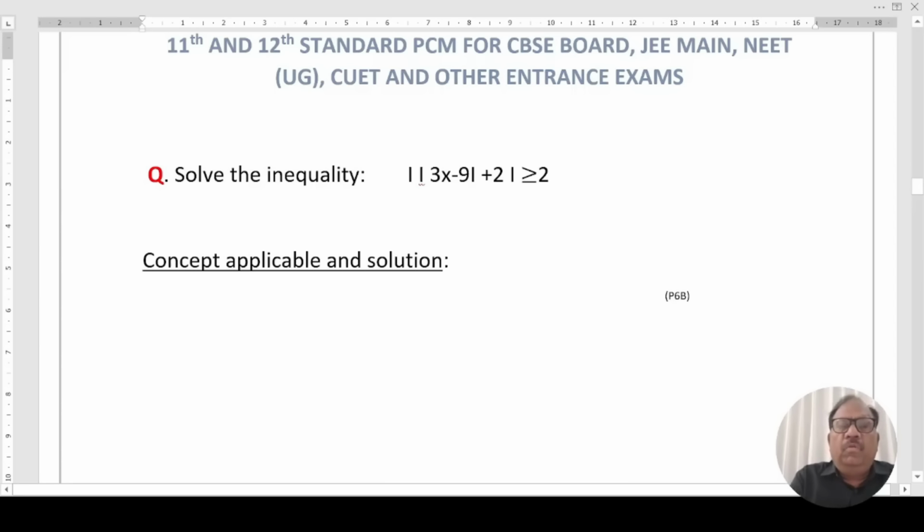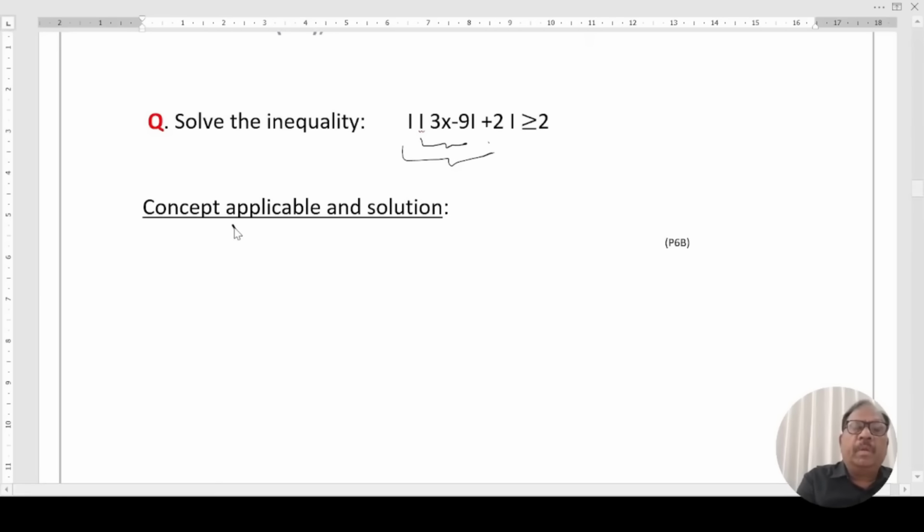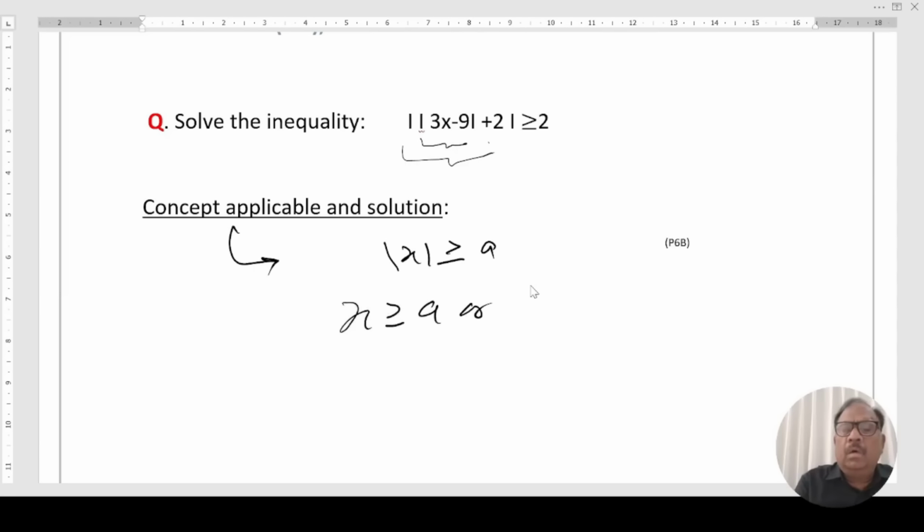Question is, solve the inequality mod of mod 3x minus 9 plus 2 is greater than or equal to 2. Concept applicable: x greater than or equal to a or x less than or equal to minus a.